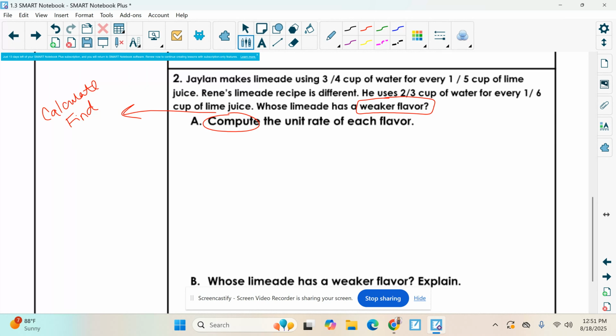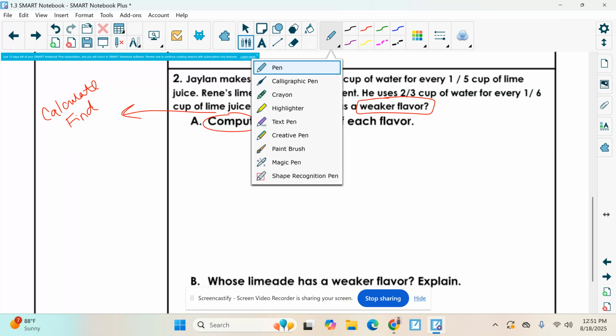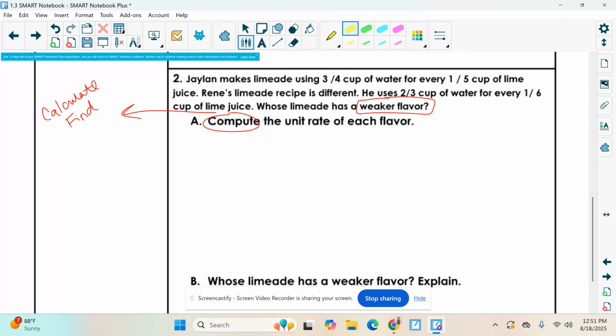Compute the unit rate. Buzz. There's a buzzword there. I'm going to get me a buzzer and make it somebody's job to buzz it. Unit rate. When we think unit rate, we need to think x to 1. That second value has to be 1. Of each flavor.